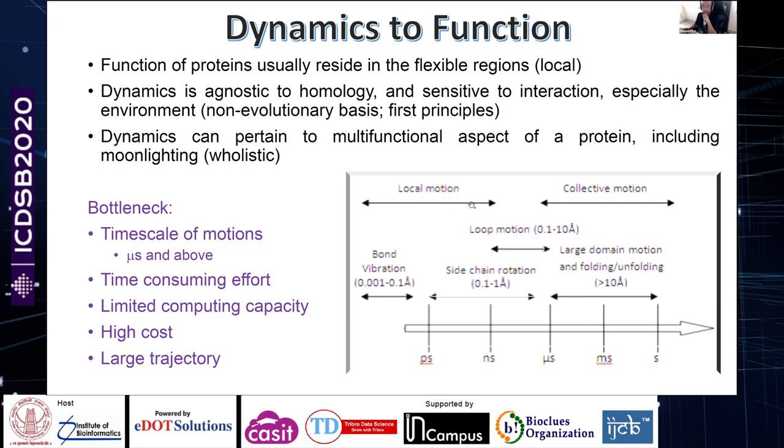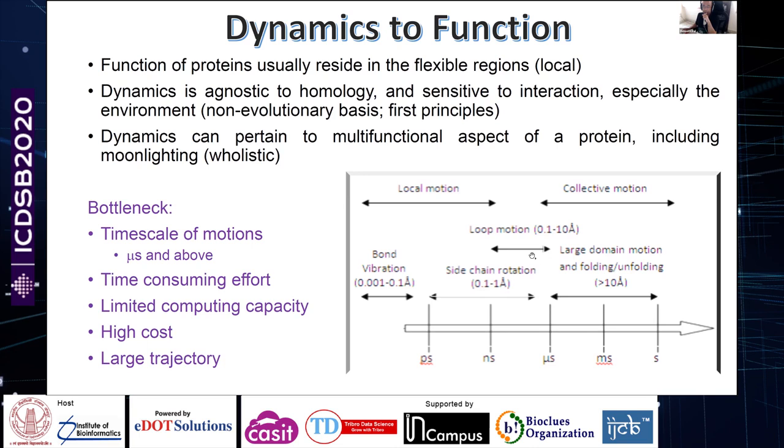As you can see from the right-hand side, this figure here, when we try to see the time scales of different motions that are ongoing in the protein, the bond vibrations are at the picosecond level, the side chain rotations at nanosecond level, the loop motions are in the microsecond level.